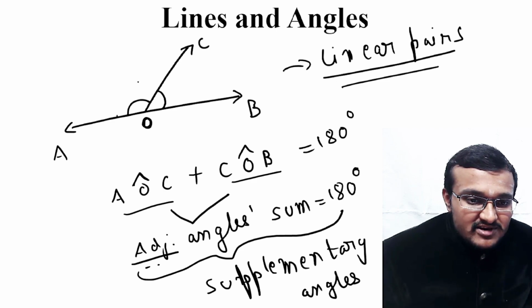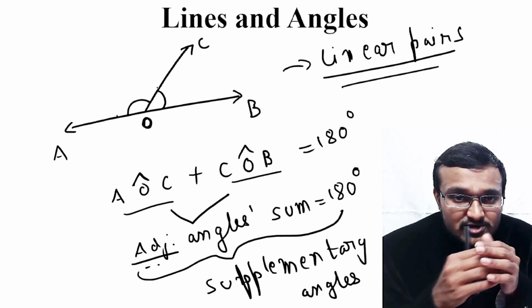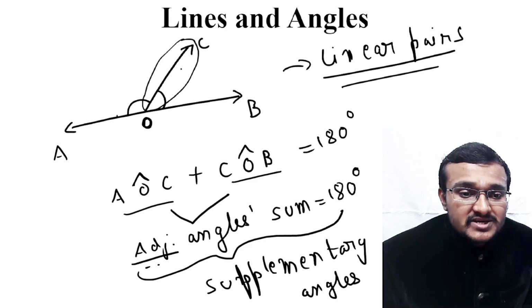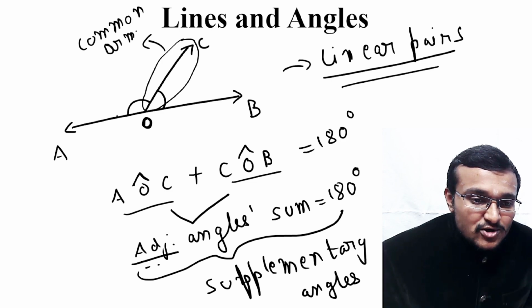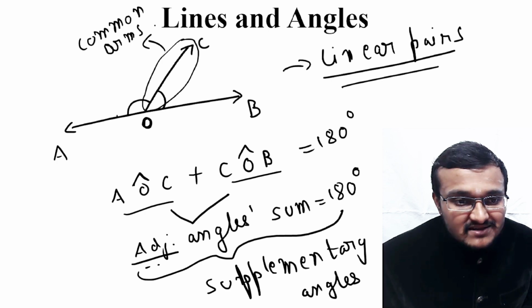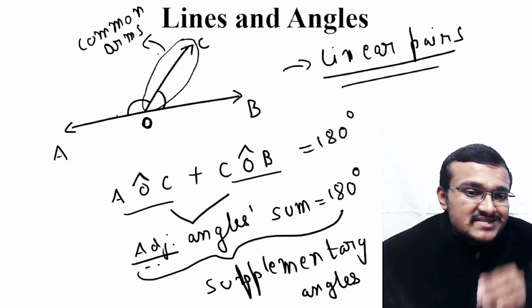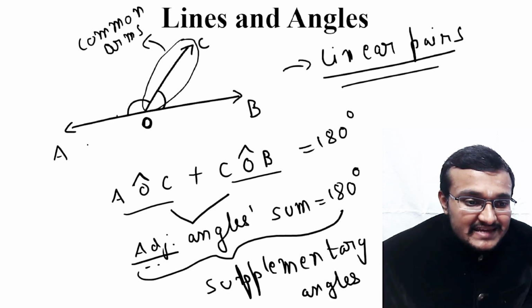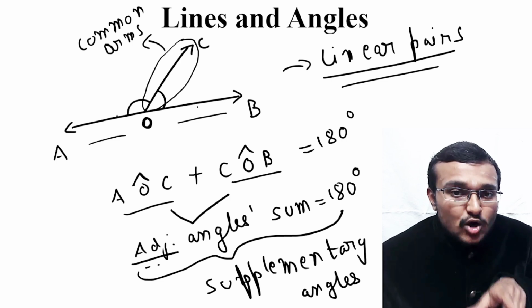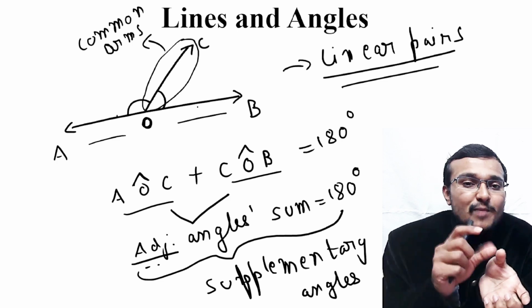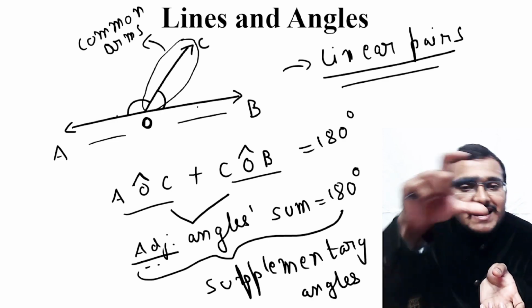Whenever you take adjacent angles, this particular OC is known as the common ray, or you can simply call it the common arm, because these are also known as arms of angles. So OC acts as the common arm, and AO and OB act as non-common arms, because OC is the common arm for both AOC and COB.